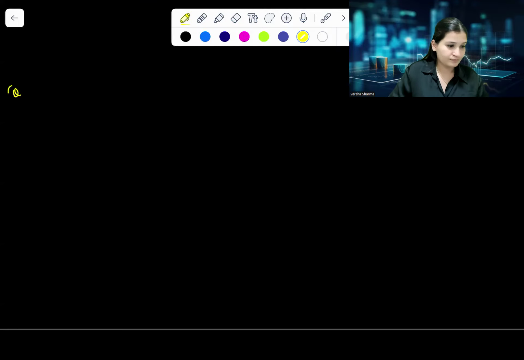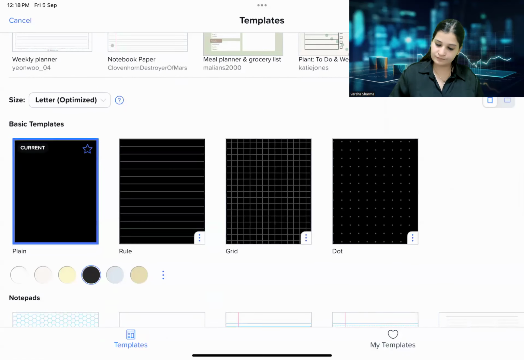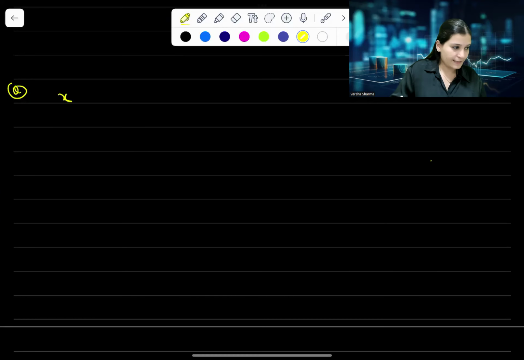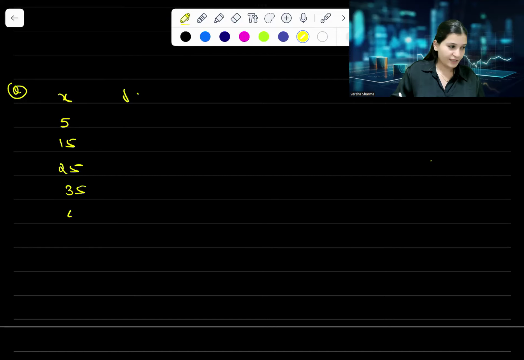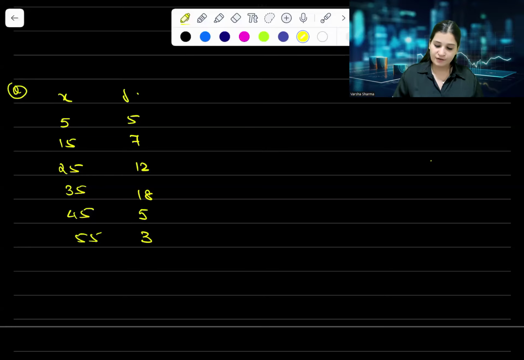Question. X and F: 5, 15, 25, 35, 45, 55. Frequency: 5, 7, 12, 18, 5, 3. Find the mean. So we'll use the formula fx upon f.